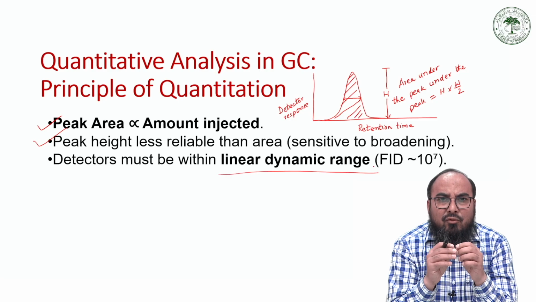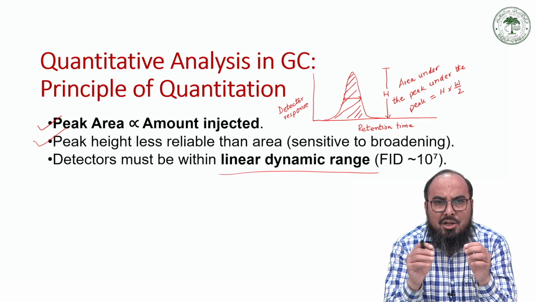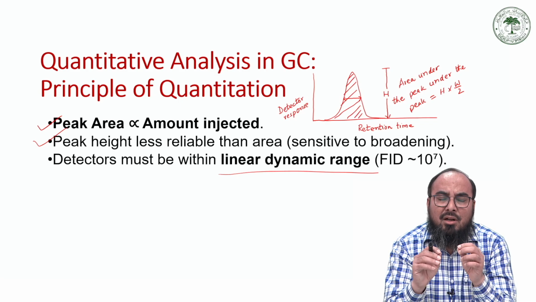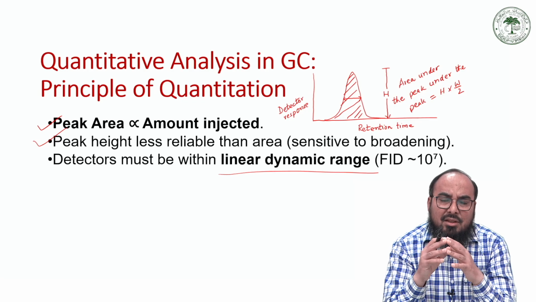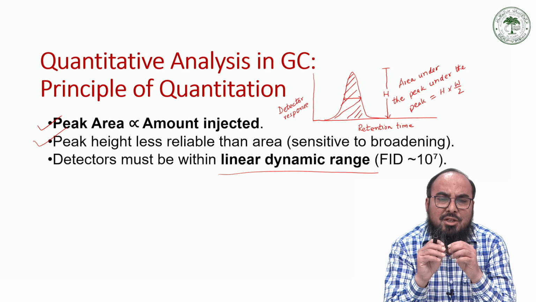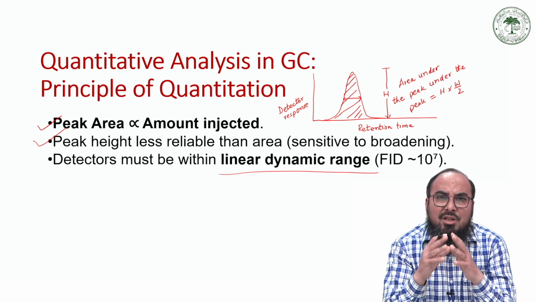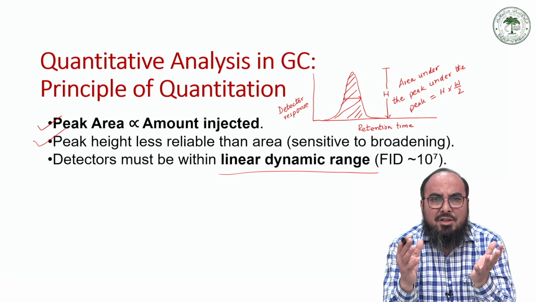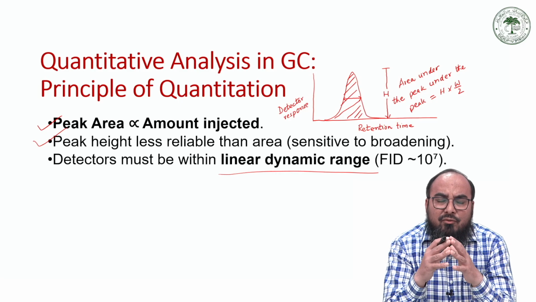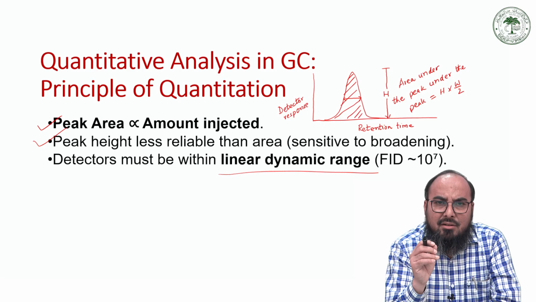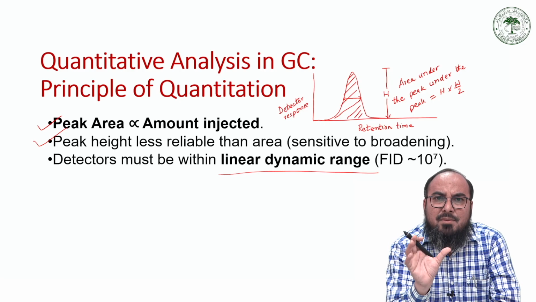That is, for a large quantity, the detector response should be proportional to the change in the concentration. If you change the concentration or the quantity of the analyte which you are analyzing by using the GC, then the detector response will change. And for an ideal detector, that range should be as big as possible.